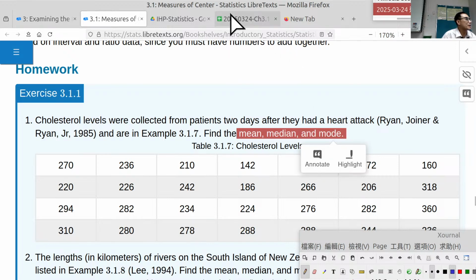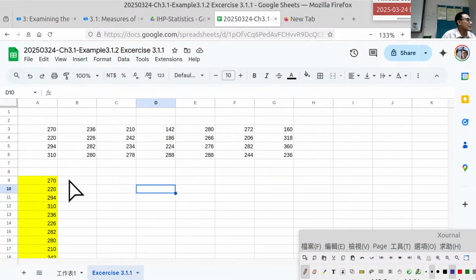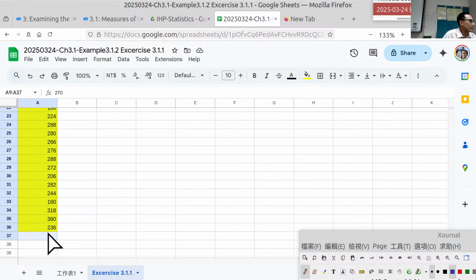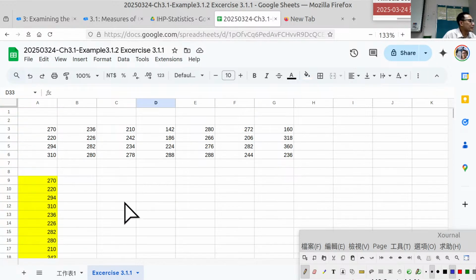Mean, median, mode. There are several ways to get this answer. For example, we can select the whole range. Mean. There are two ways.